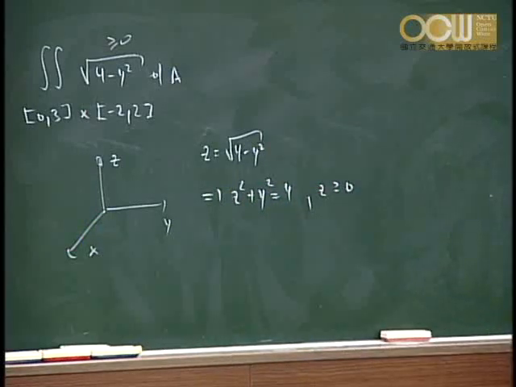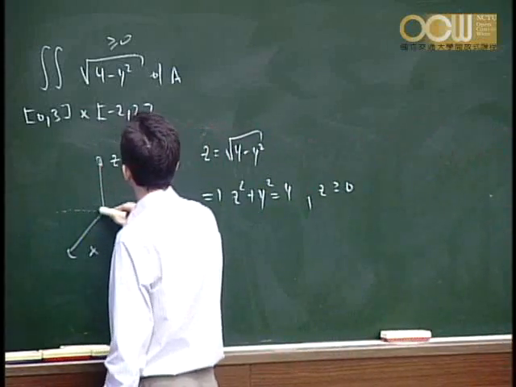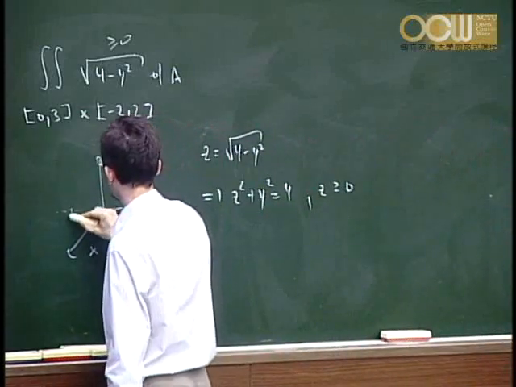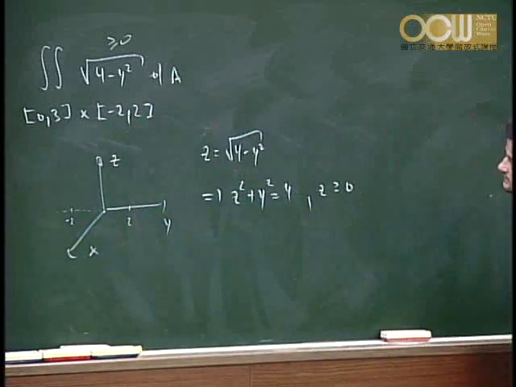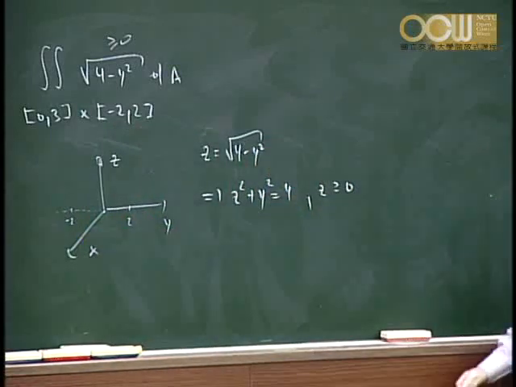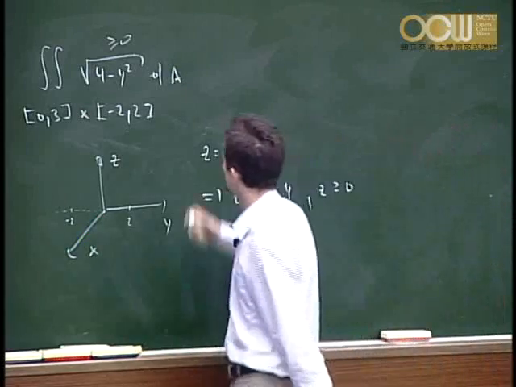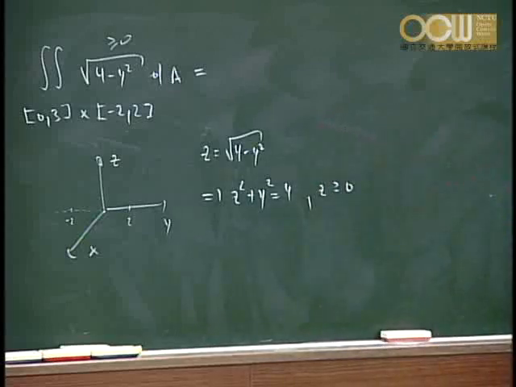Okay, so this is just okay, and you integrate z from minus 2 to 2, and x from 0 to 3. And this is just the upper part of the cylinder. So for this you don't have to use any theory in order to compute this.